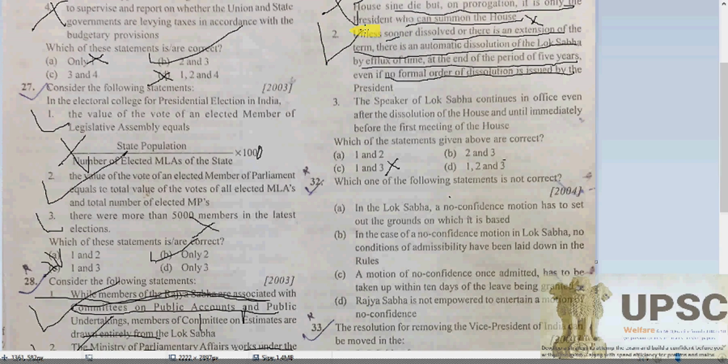Definitely it is absolutely correct. And the third, the Speaker of the Lok Sabha continues in office even after the dissolution of the House until immediately before the first meeting of the House.